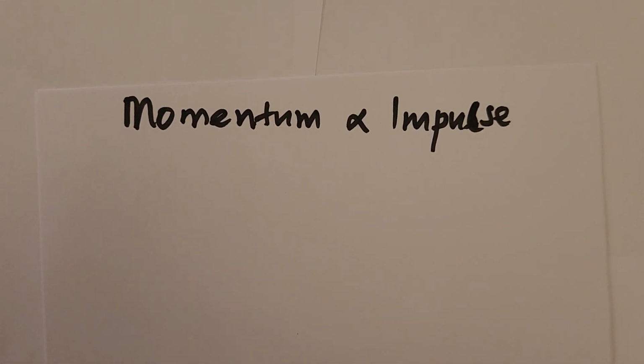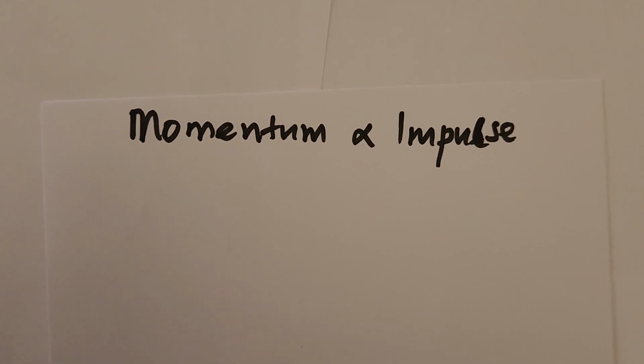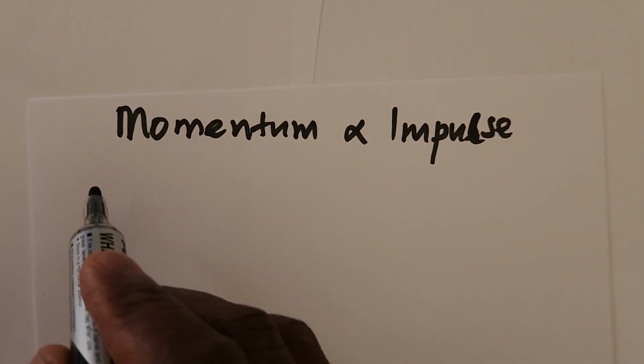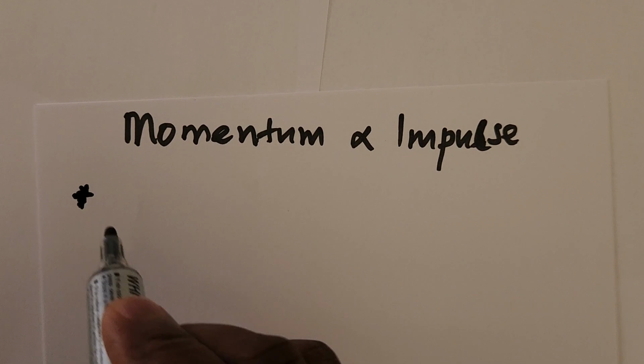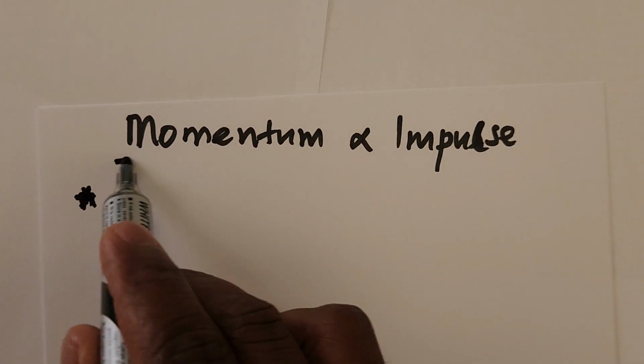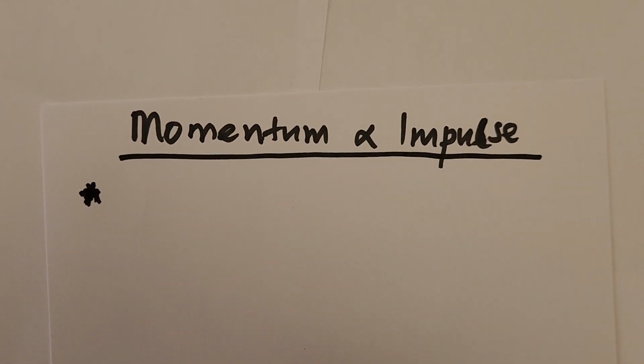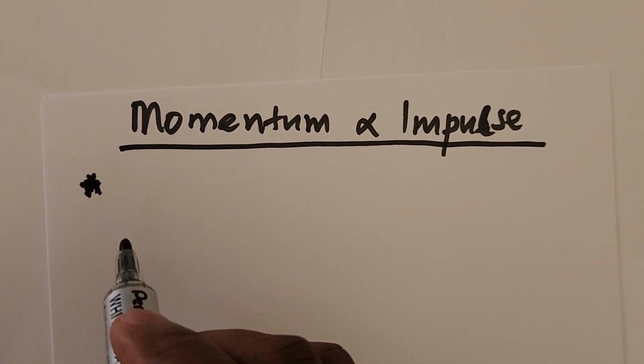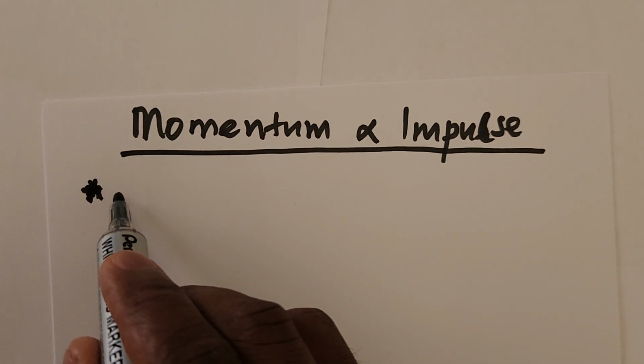Now, first, as per the examination guideline, we are told to start from the definition of momentum. In this case, we'll deal with momentum, and impulse will follow later. So what is momentum?